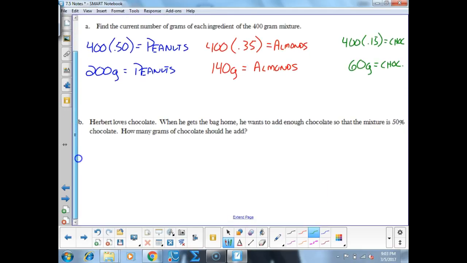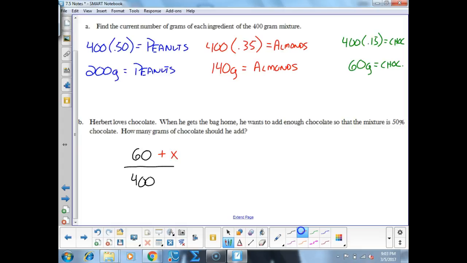Okay. Well, right now, in his bag, we just found out when he walks out of the store, he's got 60 grams of chocolate in a 400 gram bag. Now, he's going to add chocolate to that bag.